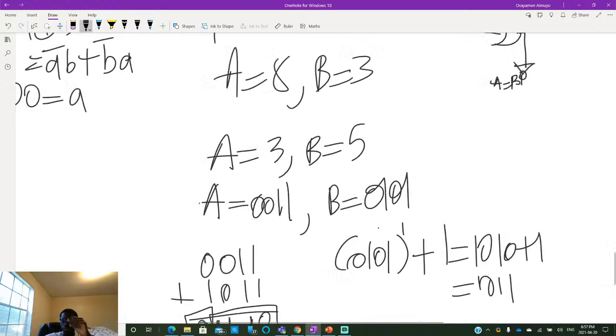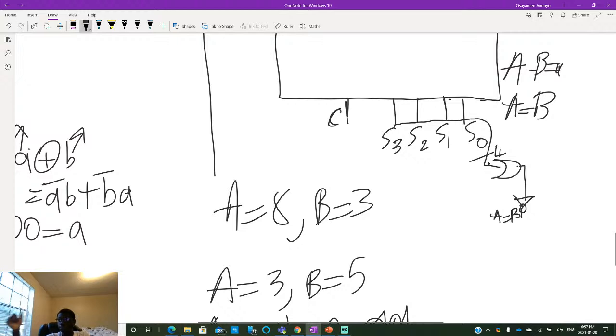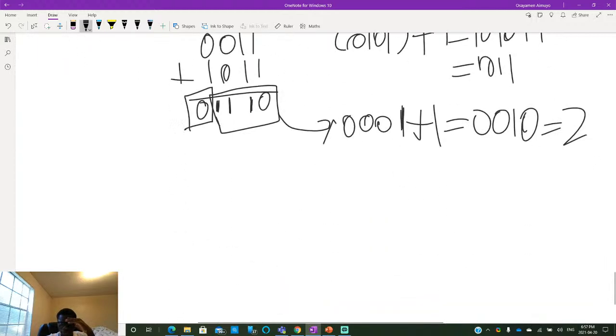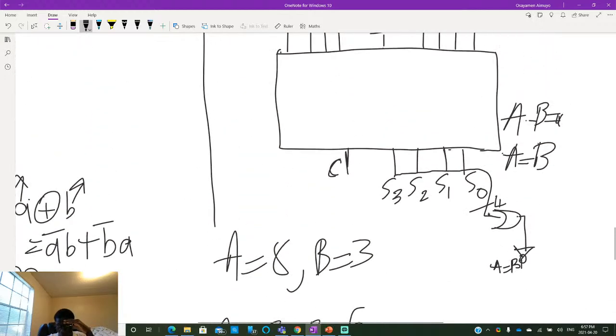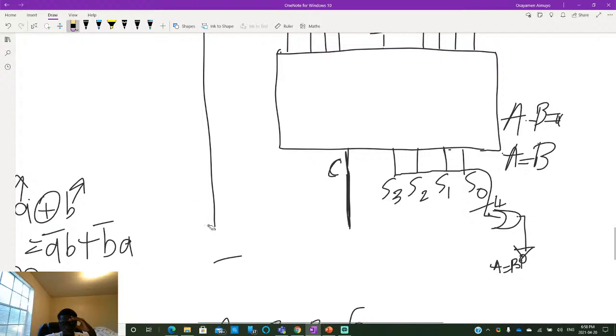So 3 minus 5 is negative 2. So for the carry, whenever we have 0, that corresponds to A less than B. Okay, let me just wipe some of this stuff here so we have some space. Give me 1 second.